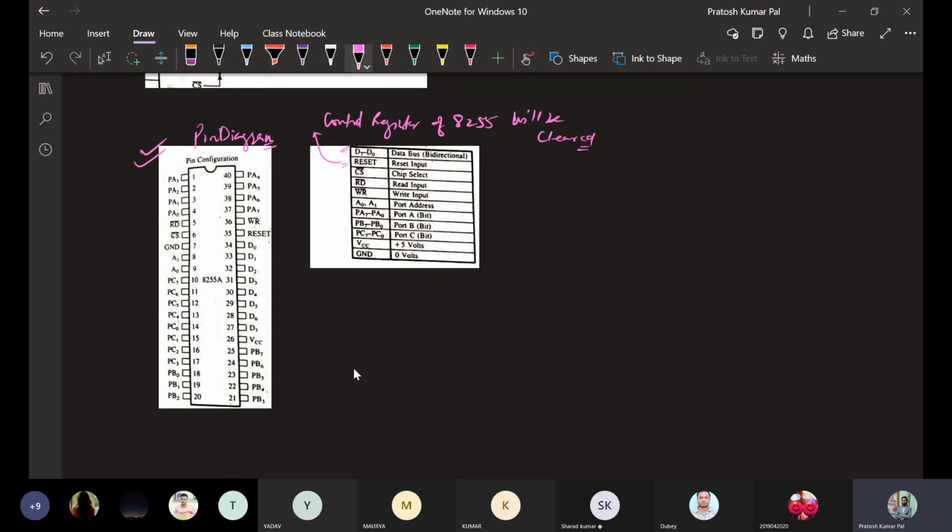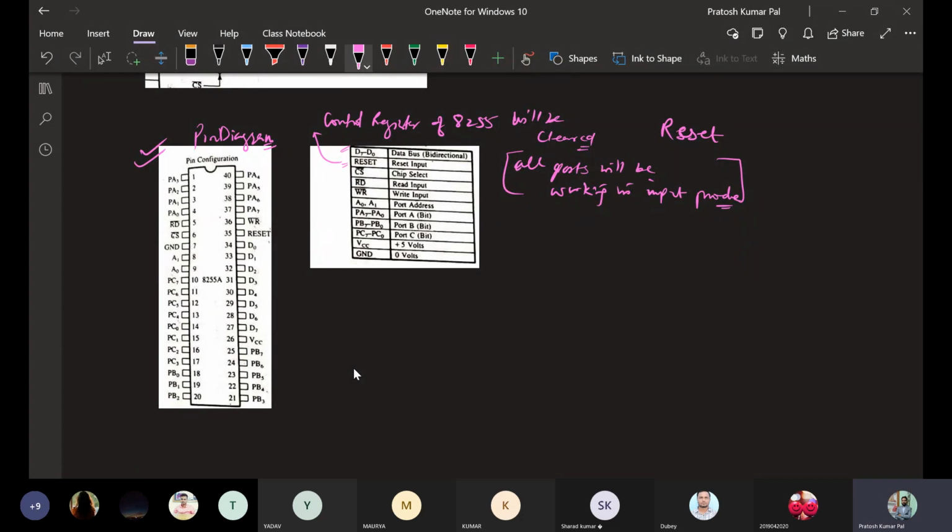And once this control register is reset, all ports will be working in input mode. So if reset is activated, all the ports will be working in input mode only. So that is the default configuration.